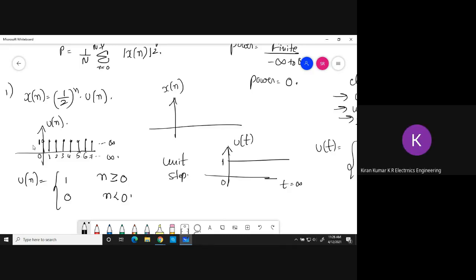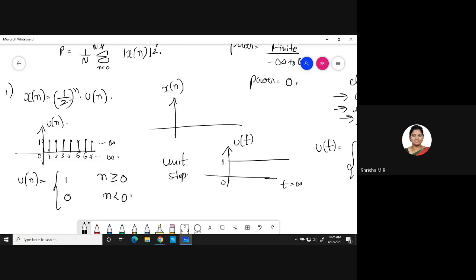Is it clear or not? You tell me. So they have given you half to the power of n into u of n. That means, do you have any doubt? So x of n is nothing but half to the power of n into u of n.